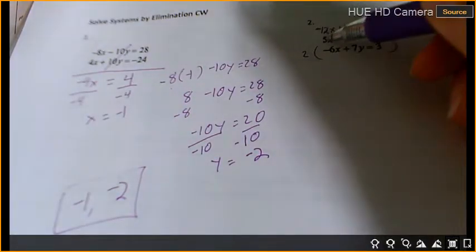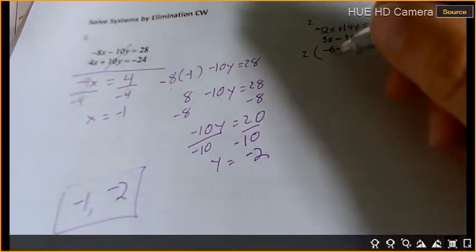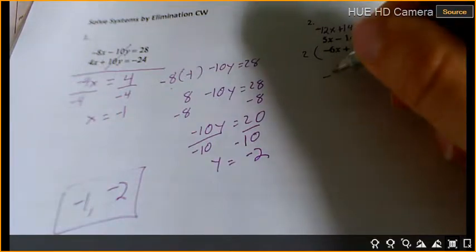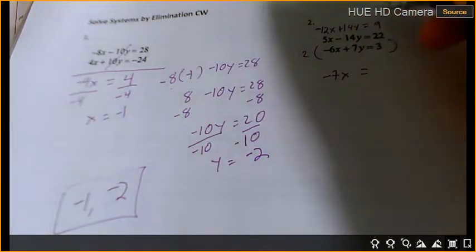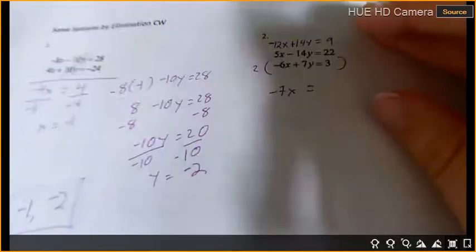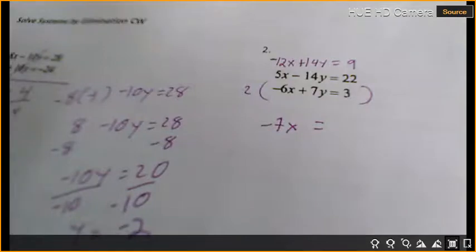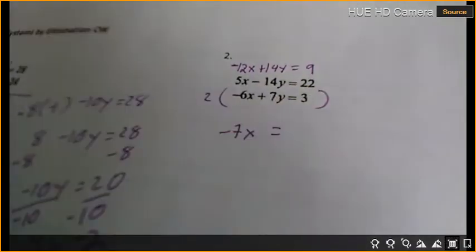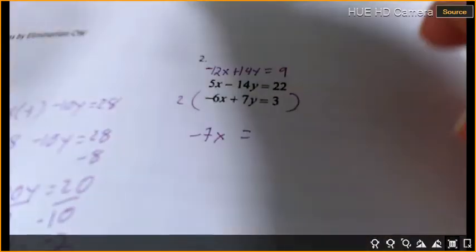Negative 12x plus 5x is negative 7x. Okay.